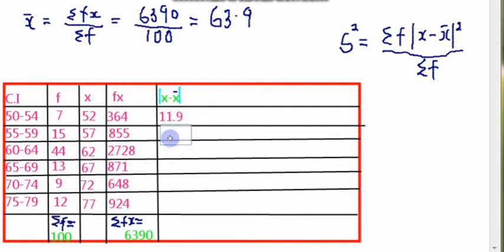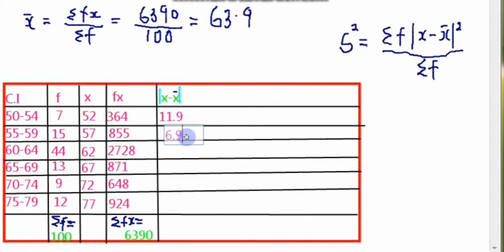So 57 minus 63.9 will give us minus 6.9, but the absolute value will change it to 6.9.